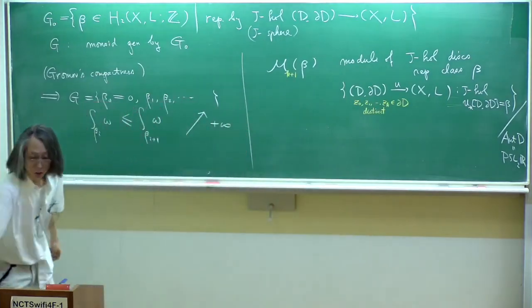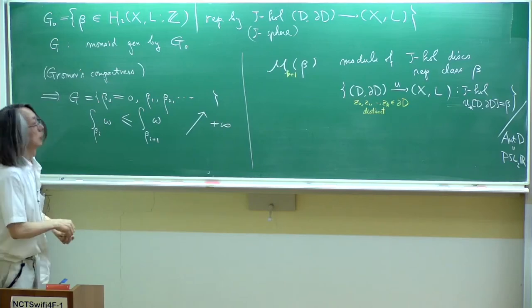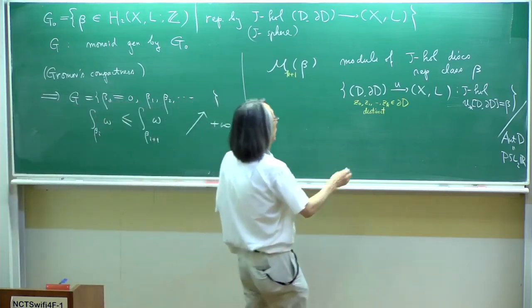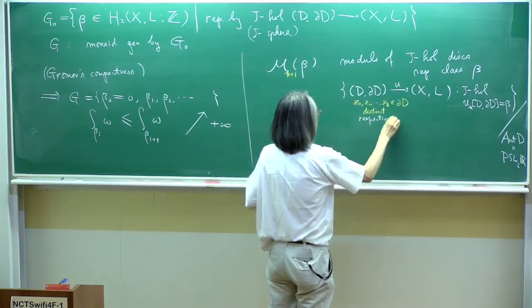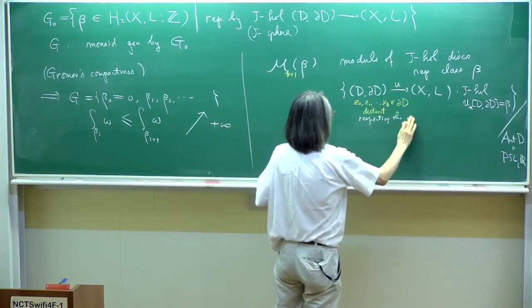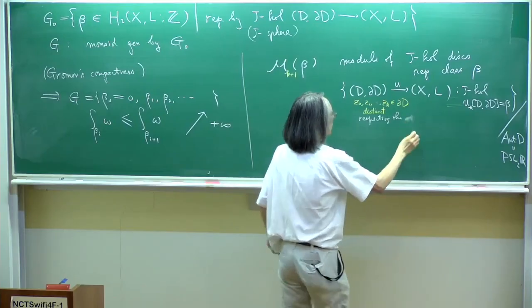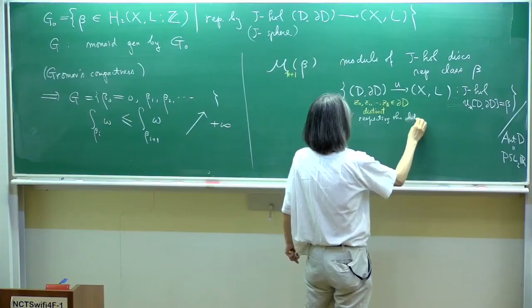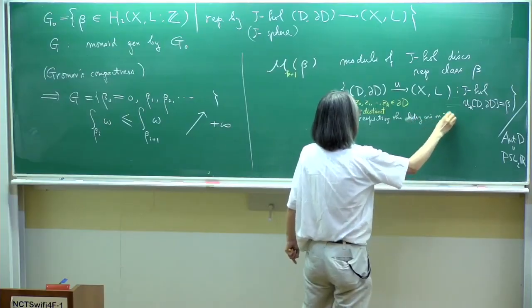So I just take distinct boundary points, respecting the cyclic order, the boundary orientation. Right?